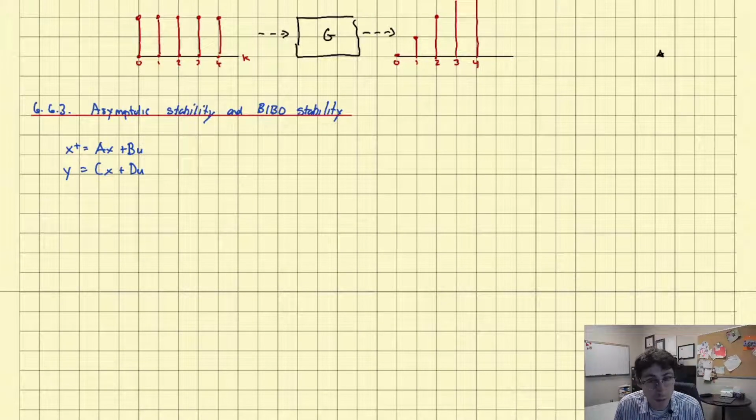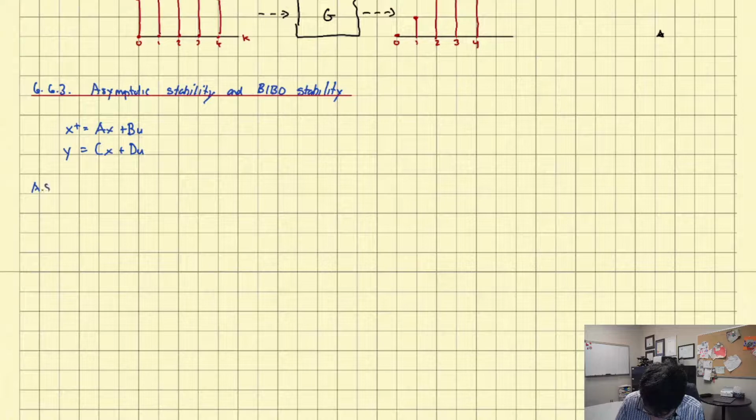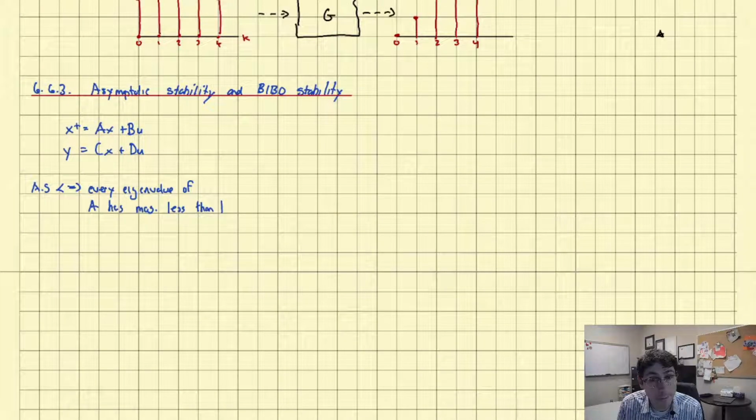And we know, we saw earlier, that it's asymptotically stable if and only if every eigenvalue of A has magnitude less than 1. All right, let's review what we did earlier.